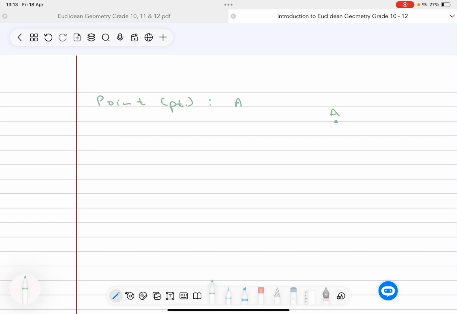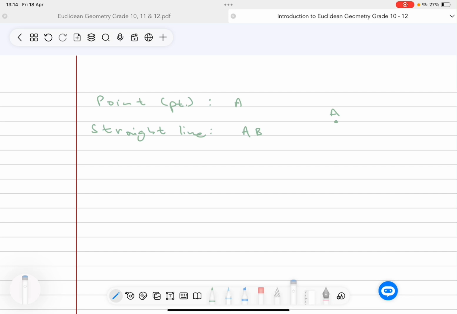Another thing that we have to understand is that if we have a straight line, we will represent it using two letters. So I can write the letters AB. If we see AB, or any two letters really, it means that we have a line.